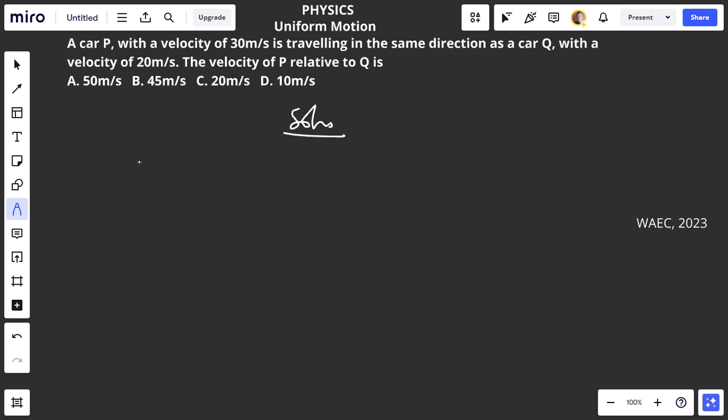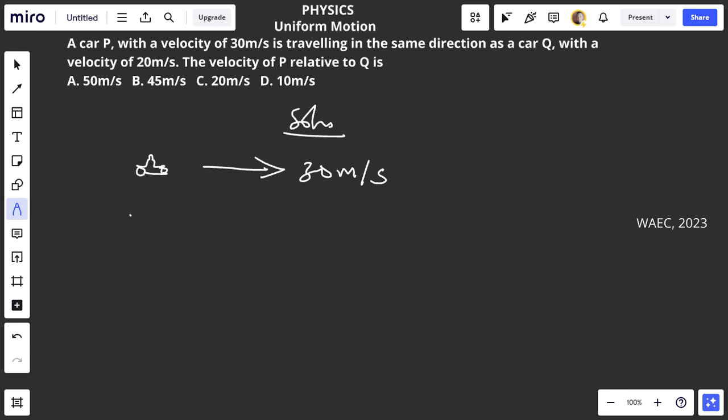Now, if this is your first car, it's traveling in that direction at 30 meters per second.